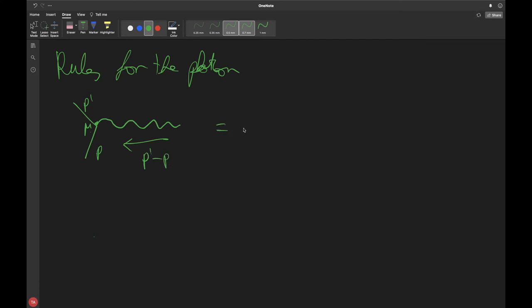So the contribution for this vertex is minus i, very similar to earlier. We have the coupling constant again, which is the charge for QED, but what's new is that we need to include the gamma matrix gamma mu for the vertex.